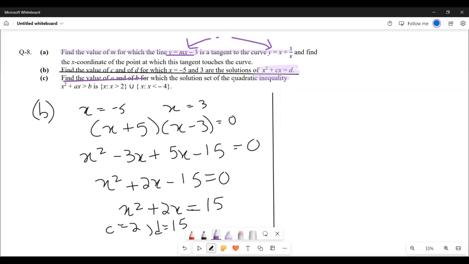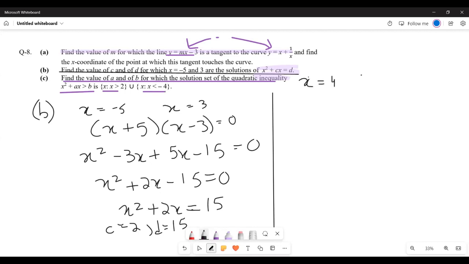Find the value of A and B for which the solution set of the quadratic inequality is x is greater than 2 and x is less than -4. Okay. So this is quadratic inequality. For now, we treat it as a simple equality. x equals -4 and x equals 2.